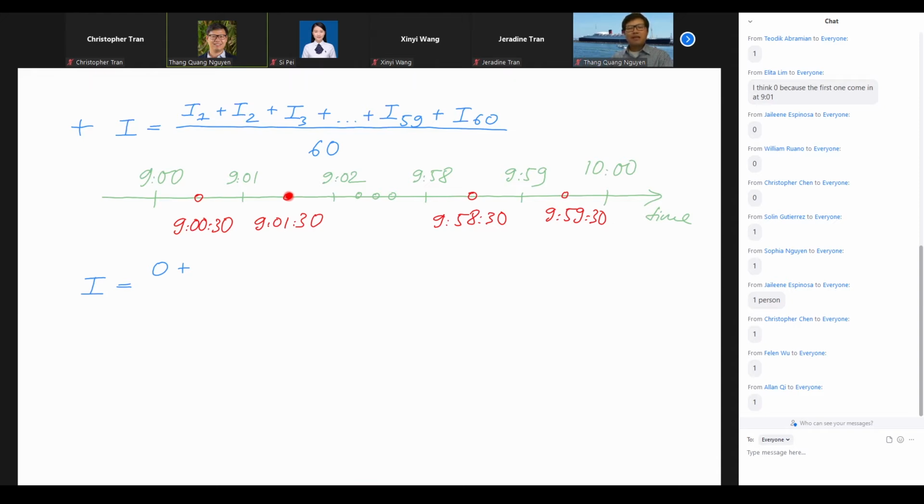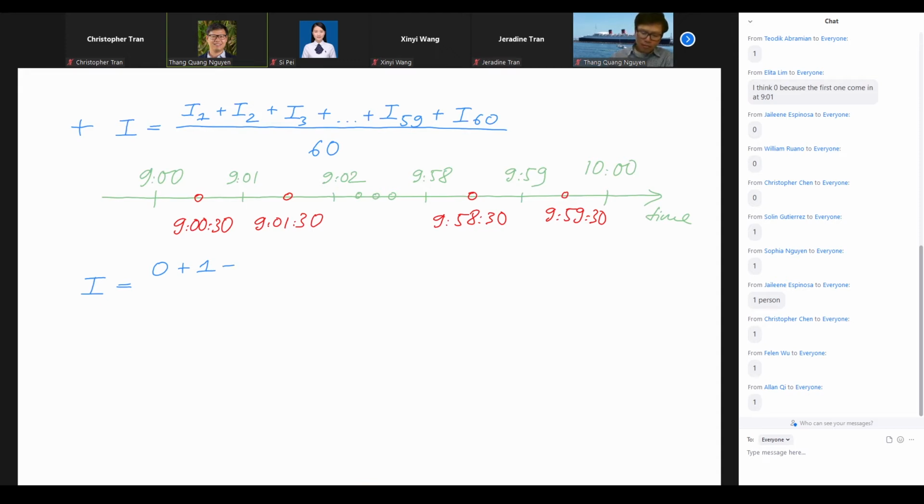Because at that time, only customer 1 was in the bank. That person walks in at 9:01, so definitely at 9:01 30 seconds, we only see customer 1. Customer 2 was not in yet, or customer 3 or 4. Okay, so we only see 1 customer here. So the inventory number 2 is 1.